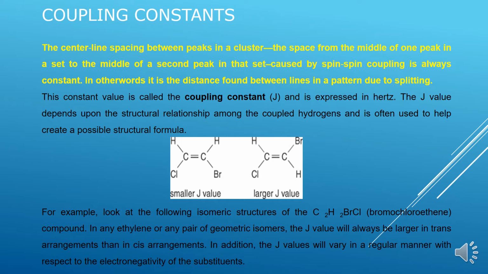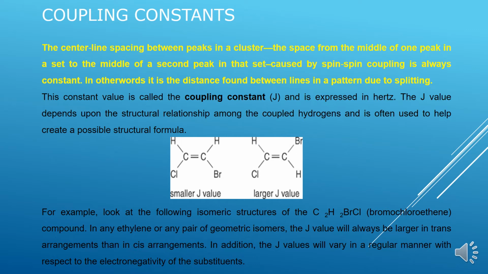I have quoted one example here: one is a cis compound, another is a trans compound. Normally this is bromochloroethane. If we look at isomeric structures like bromochloroethane, or any ethylene or any pair of geometric isomers, cis or trans, the J value will always be greater in the trans arrangement than the cis arrangement.